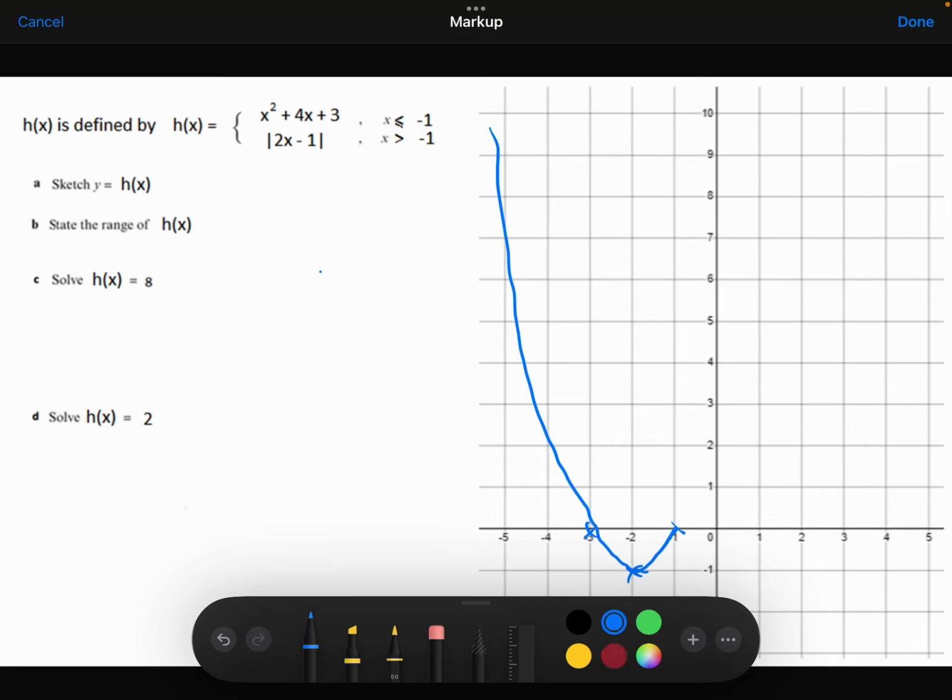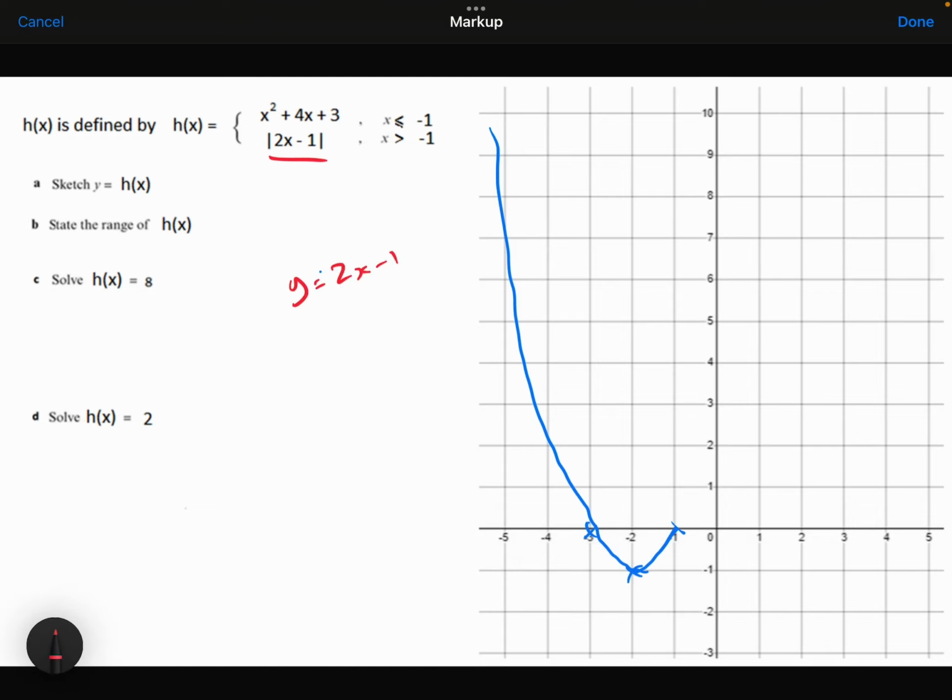Right. Let's draw the modulus of 2x minus 1. So I'll draw y equals 2x minus 1 first, and then we'll deal with the modulus in a minute. So y-intercept of minus 1, gradient of 2.